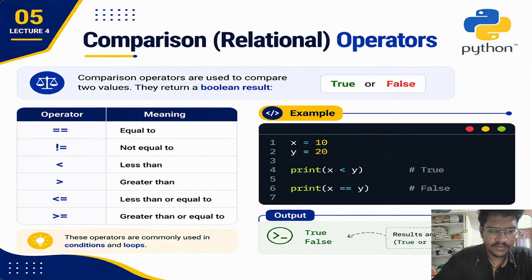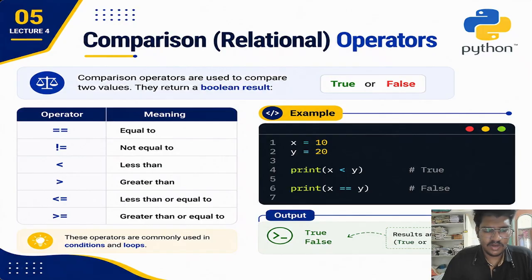Like the first one is the equal to operator. It returns true if the values are equal.